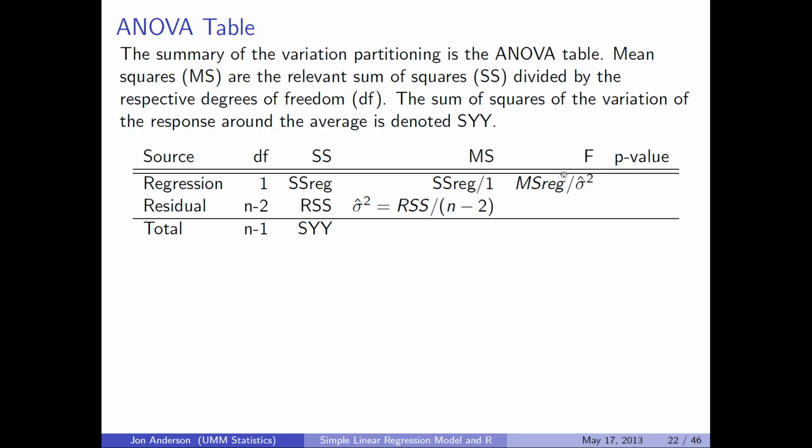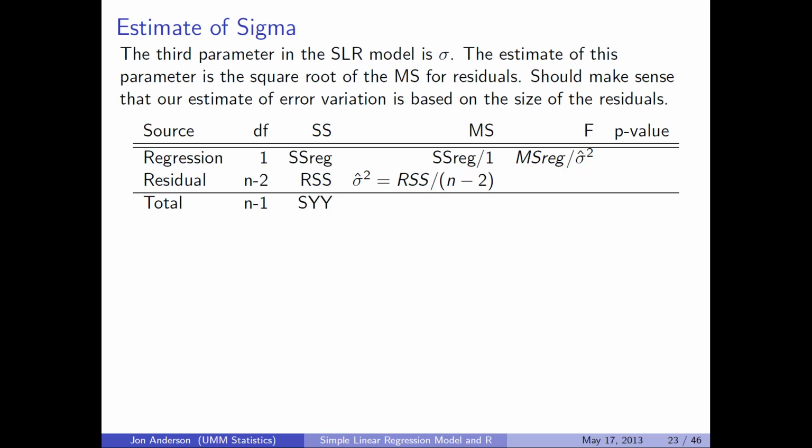And we'll be talking about this one in a moment. Notice that when you take the residual sum of squares and you divide it by the degrees of freedom, it is an estimate of the error variation in the data creation system. And that forms our estimated sigma.